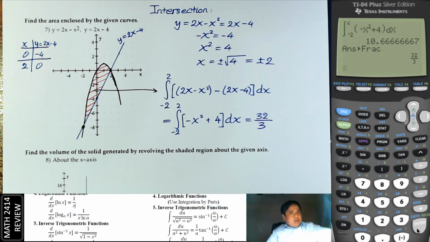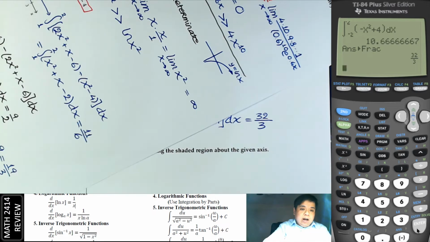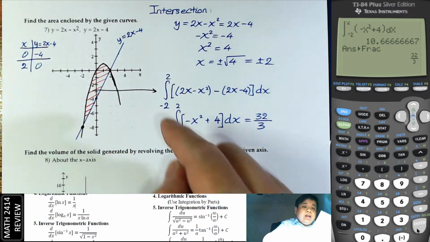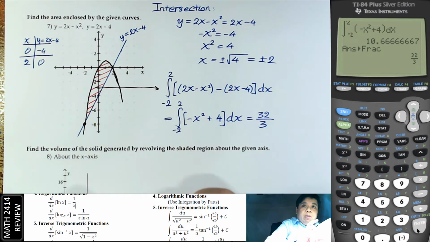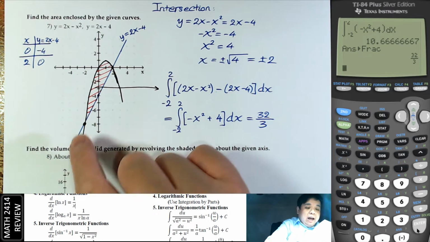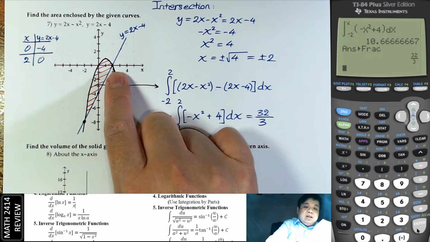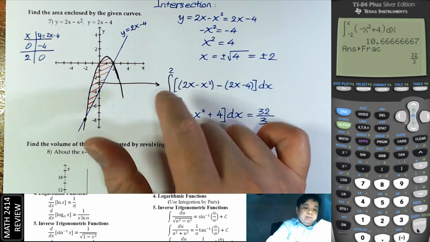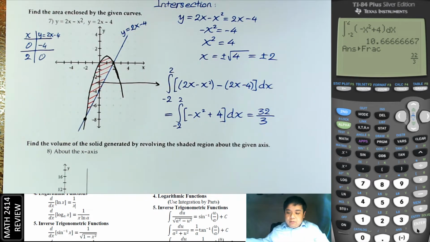Right, so simple enough. So whether the region is given, it is important that when we set up the integral, it is the function above minus the function below, and we need to find the limits if we don't have it.